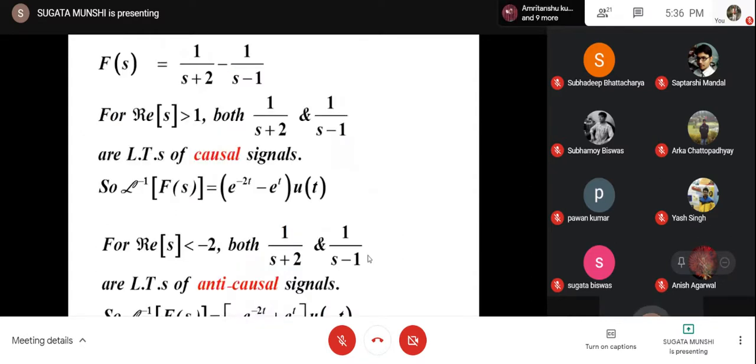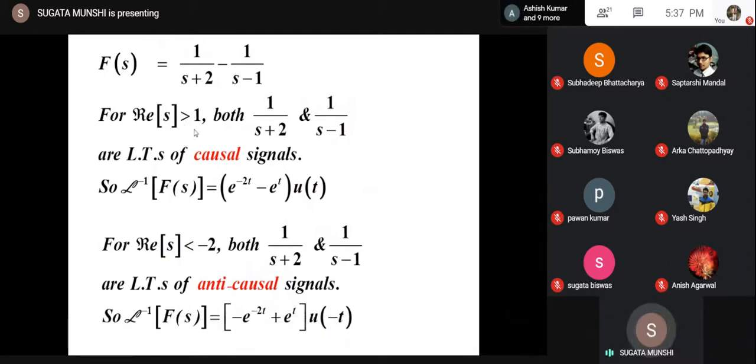Now come back to the expression of F(s). For real s greater than 1, what will happen? Both 1 by s plus 2 and 1 by s minus 1 will be the Laplace transforms of causal signals.